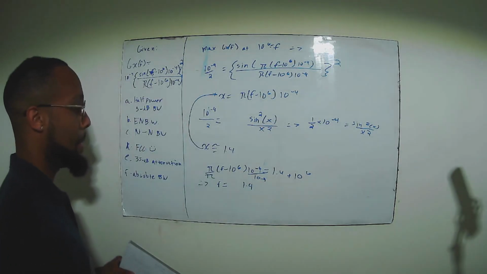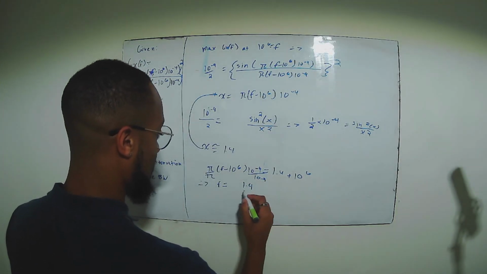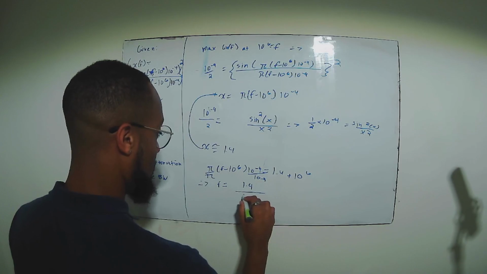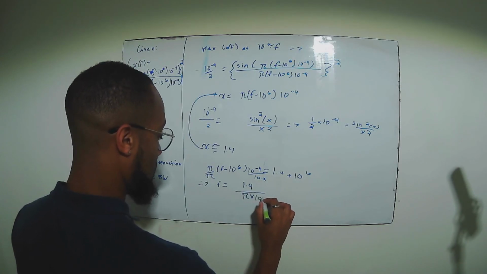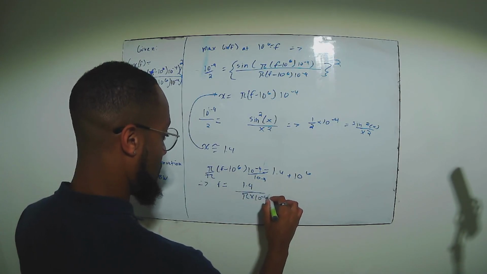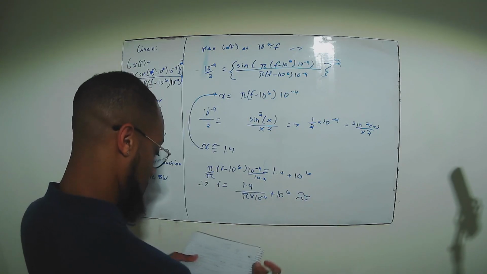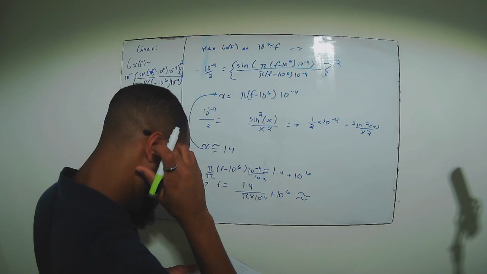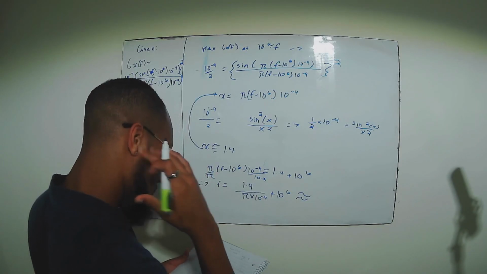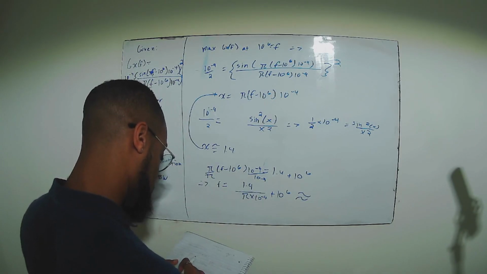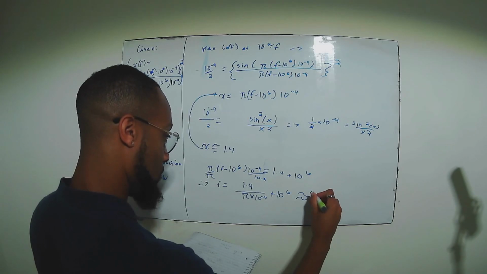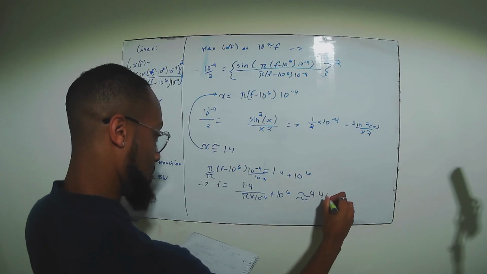Okay. So it's going to be 1.4 divided by pi times 10 to the minus 4 plus 10 to the 6, which is approximately 4.46 kilohertz.